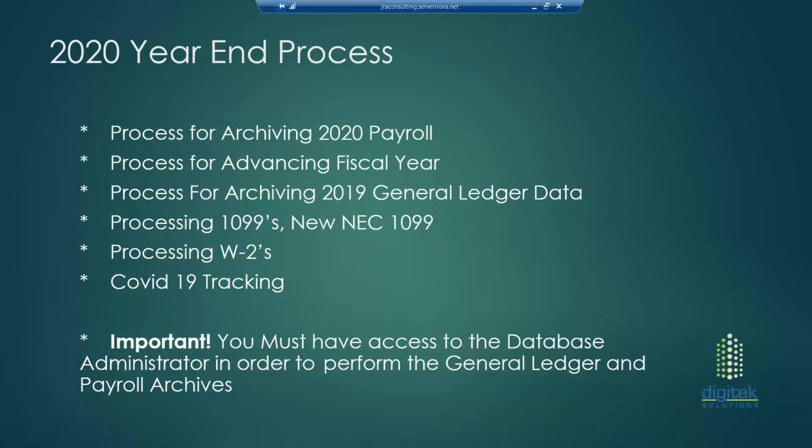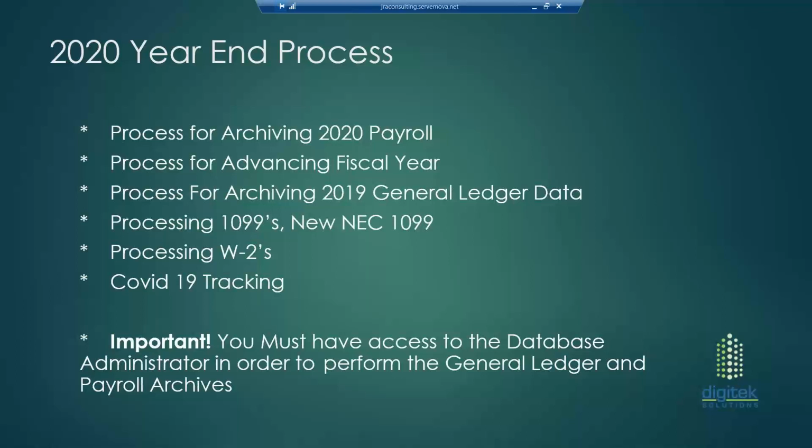We're going to be addressing the process for archiving your 2020 payroll, the process for advancing to your fiscal year of 2021, your process for archiving your 2019 general ledger data if you choose to do so, the processing of 1099s, including the new non-employee compensation 1099, processing W-2s, and Sage has implemented the COVID-19 tracking for your 941 quarterly reporting.